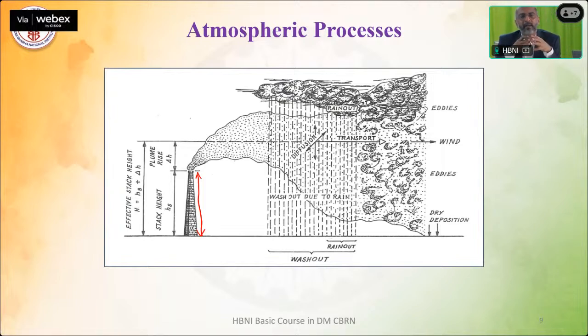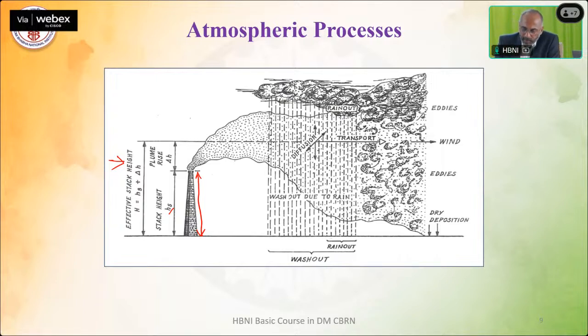You should assume that a release is happening from a stack, or a release is happening from some height, and you have an atmospheric condition, that is, a wind blowing from a direction, and how the diffusion takes place, how the radionuclides are transported through various phenomena.